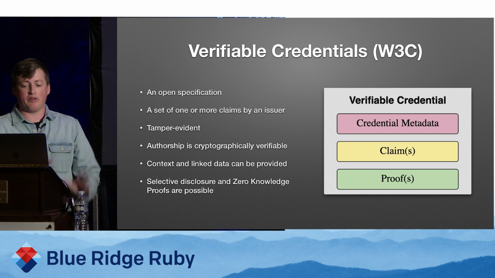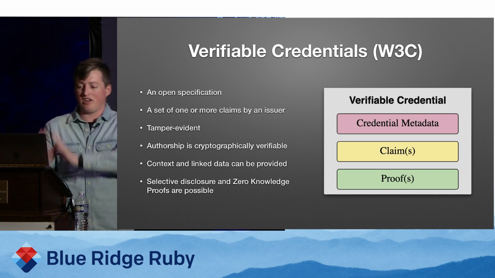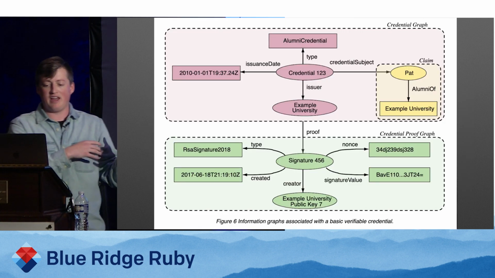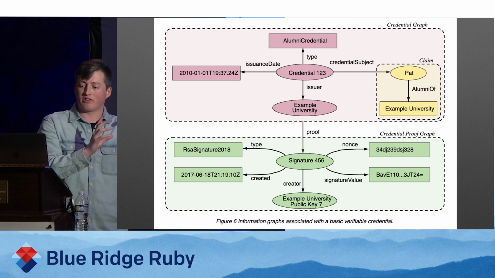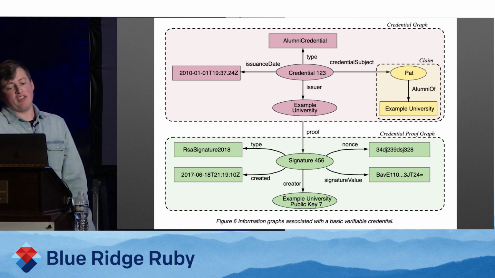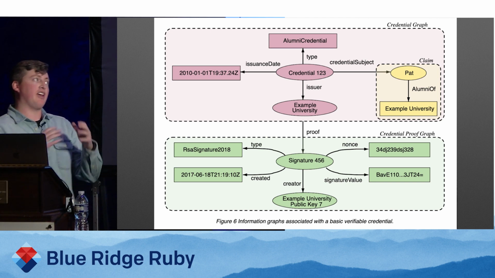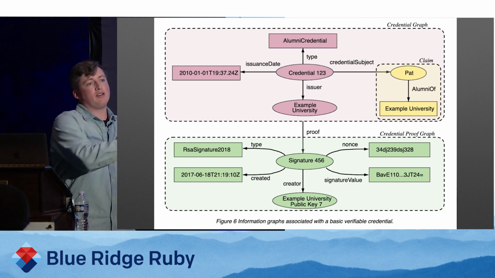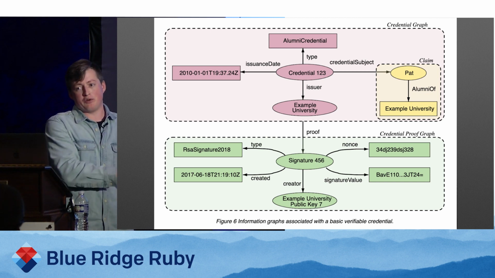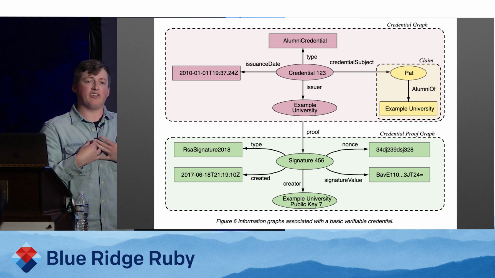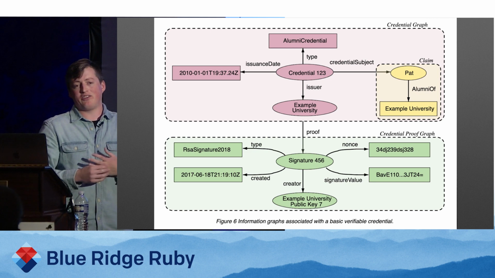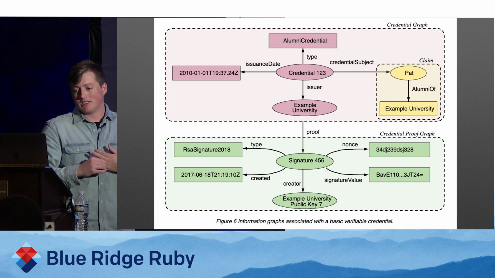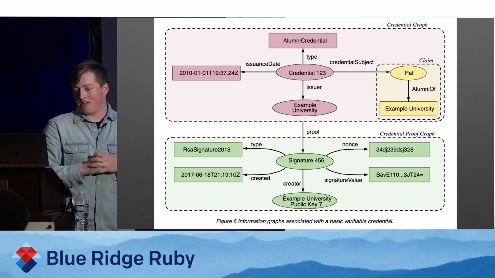It's typically made up of metadata, claims, and a proof, and here's an example of what that data model graph looks like. You've got the credential metadata, you've got the claim. In this case, the claim might be that I'm an alumni of the University of Tennessee, where the University of Tennessee issues me this digital credential of my diploma, and I can hold it in my Apple Wallet.